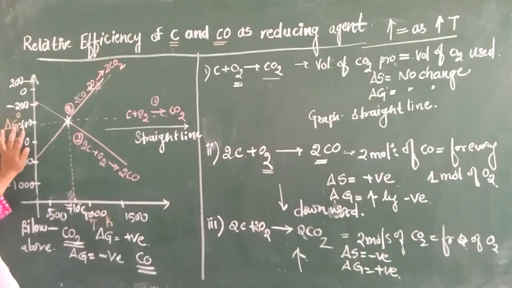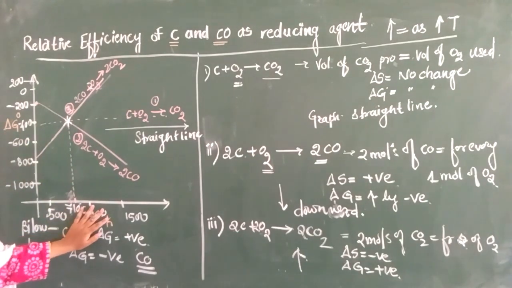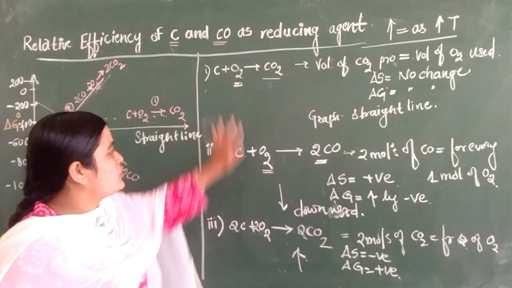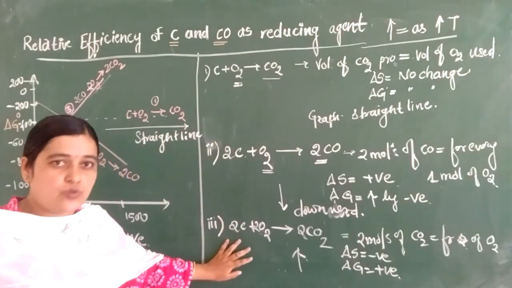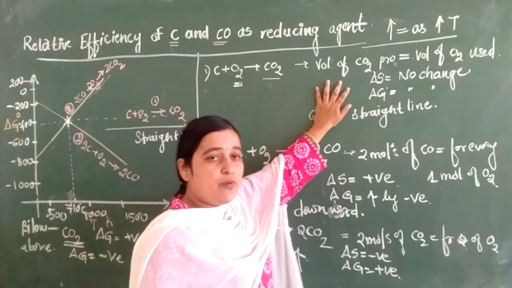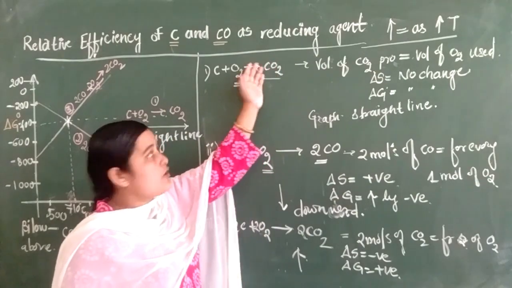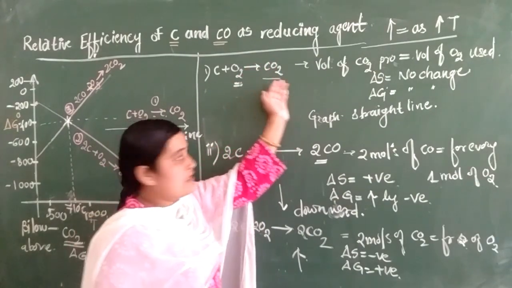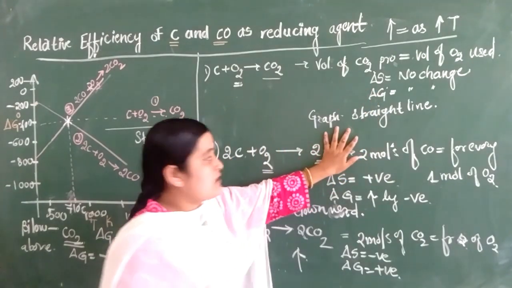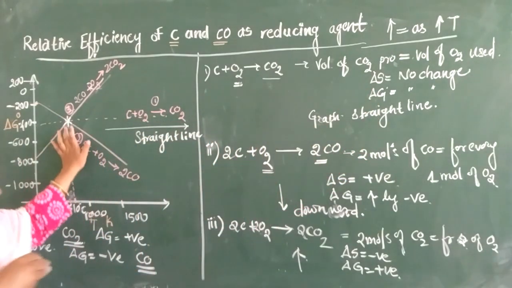Here we have plotted one graph, delta G naught versus T. Here we have mainly three reactions: C plus O2, 2C plus O2, and 2CO plus O2. In the first reaction, the volume of CO2 produced equals the volume of O2 used, so there is no change in delta S and no change in delta G, so the graph is a straight line.